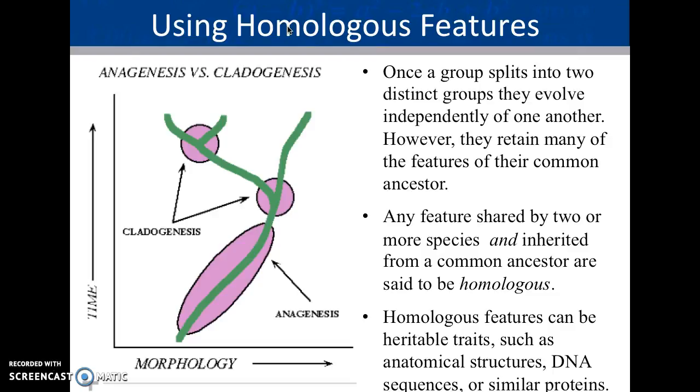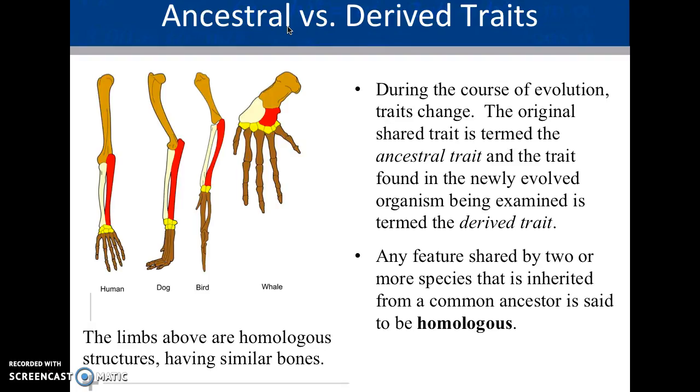What we see is that in anagenesis, the traits are just going to continue on in the single species that developed from the original species, whereas sometimes when we see a division, or a cladogenesis of species, two new species forming, or one species breaking away, we might see that those homologous traits are slightly different.